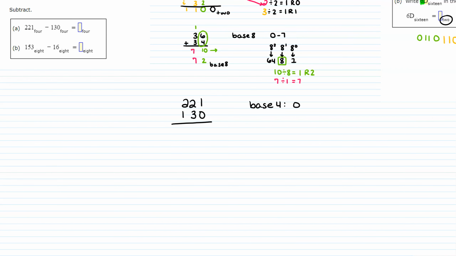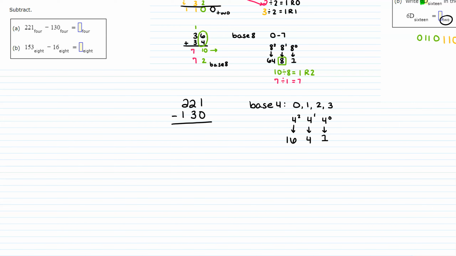So base 4 is 0, 1, 2, 3, and its powers of 4. So 4 to the 0 is 1, 4 to the first is 4, 4 squared is 16. And that's all that we really need.